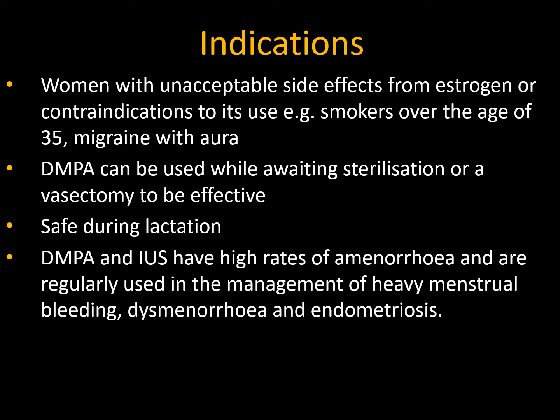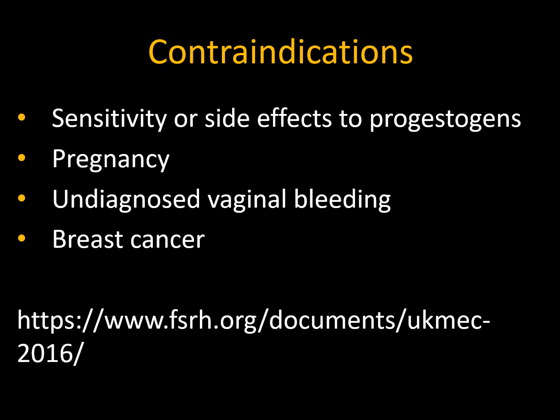The same applies to the Mirena intrauterine system; both Depo-Provera and Mirena can be used in patients with menorrhagia, dysmenorrhea, and endometriosis. All progestogen-only methods are safe during lactation. For contraindications of progestogen-only methods, please refer back to the United Kingdom medical eligibility criteria.